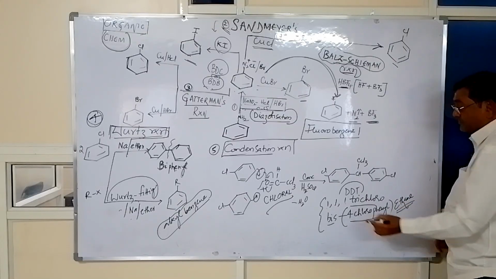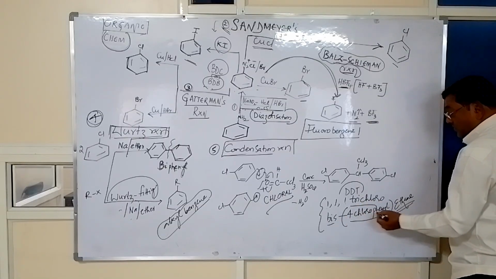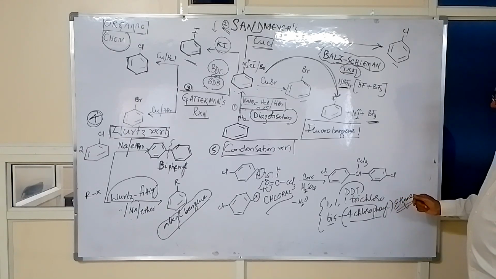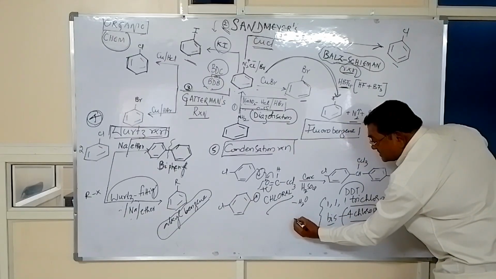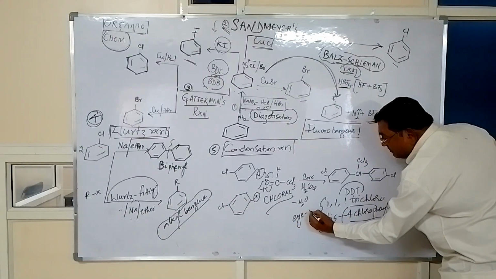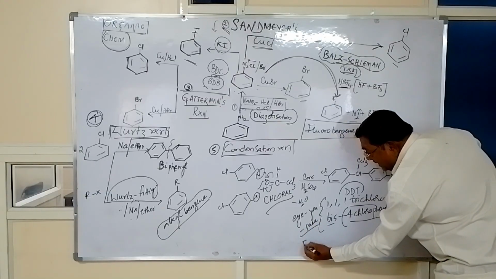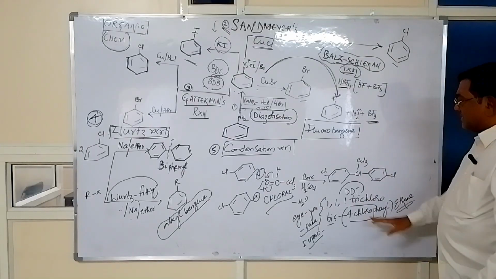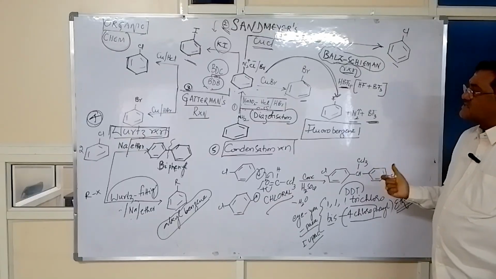Once again, children, 1,1,1-trichloro-2,2-bis(4-chlorophenyl)ethane. That is the IUPAC name of this compound. You have to memorize the name. So don't avoid this one. It's a very beautiful question that you can come across in this part of the session.